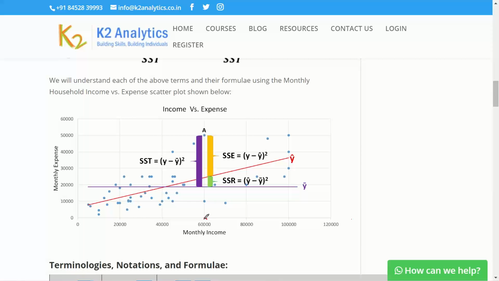For this income, let's consider this particular household. There is one household at the bottom here, but I'm not considering this one. I'm considering the top one.